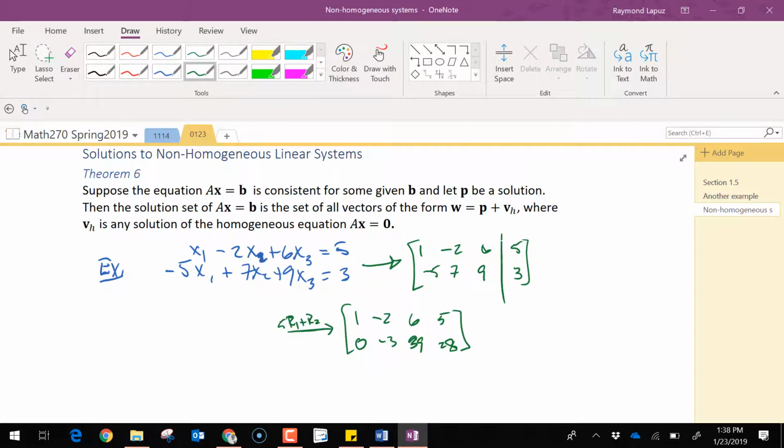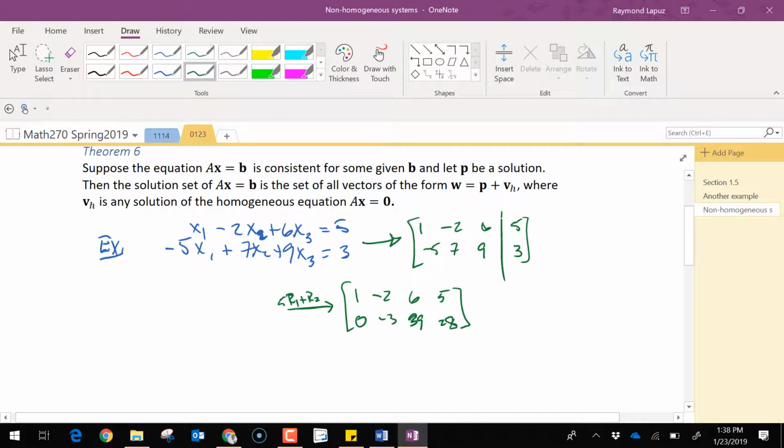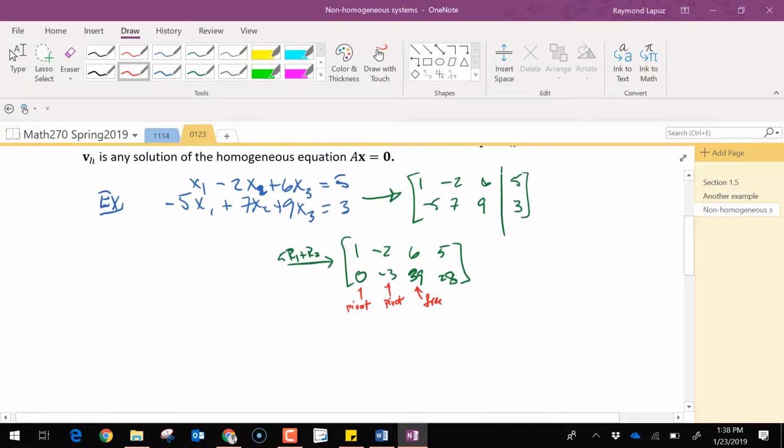So I still get a free variable, it looks like. Free variable in x3. I have pivot, pivot. So I can structure my solution a certain way. I can say that minus 3x2 plus 39x3 is equal to 28.